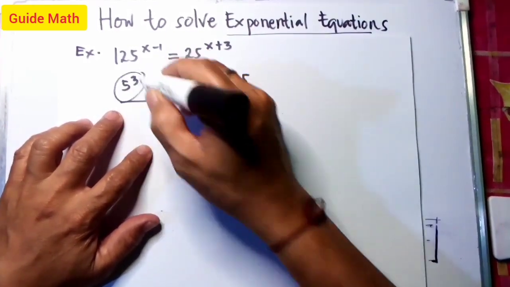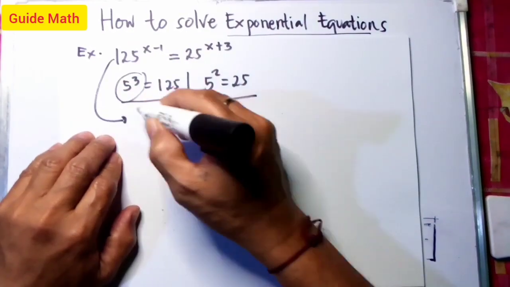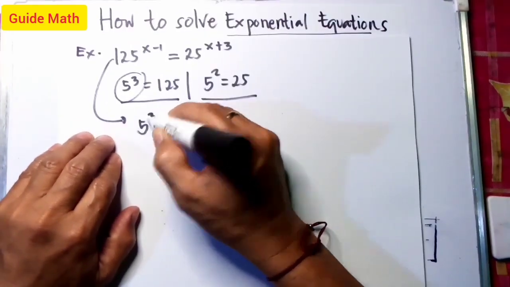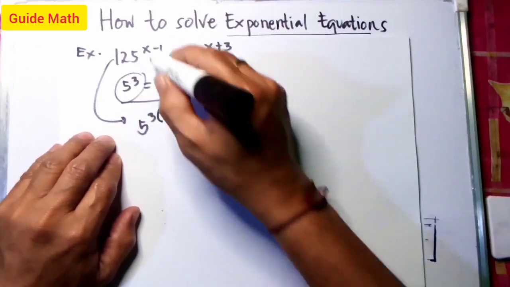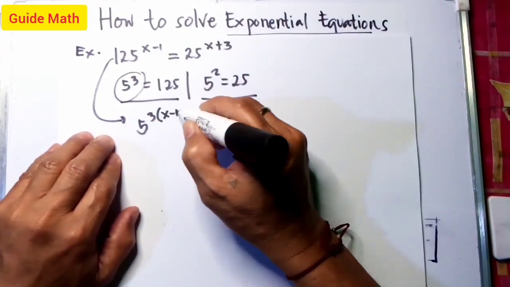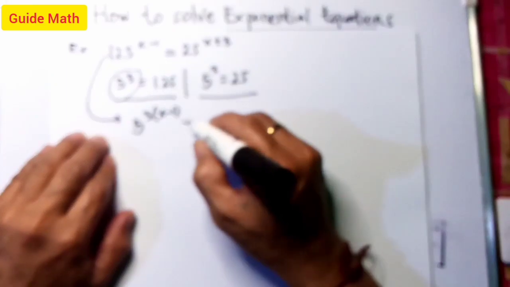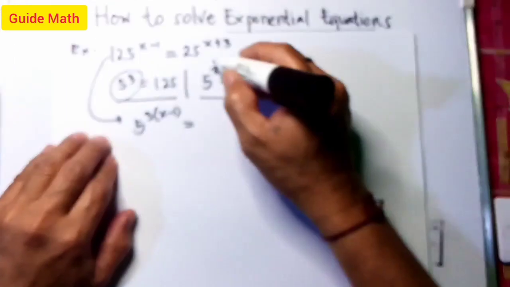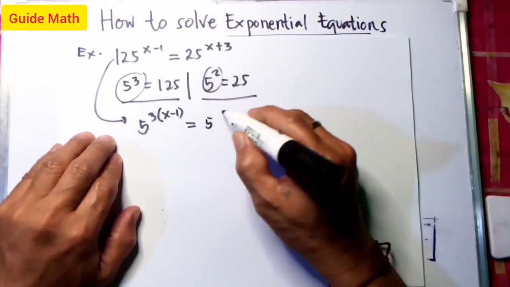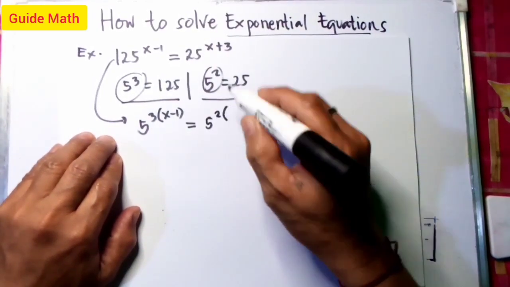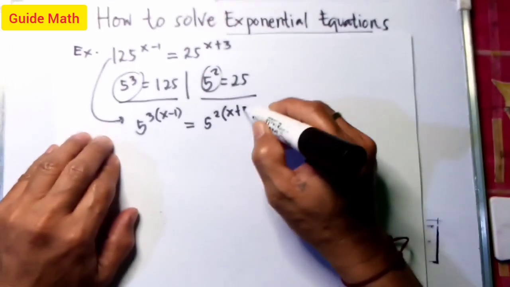So pwede natin sabihin na yung 125 pala ay pwedeng isusulat as 5 cube or 5 raised to 3, then i-multiply natin doon sa x minus 1 natin doon sa taas, no? Same is true, equal to, yung 25 is, we can rewrite that as 5 squared, so this will become 5 squared times x plus 3, no?